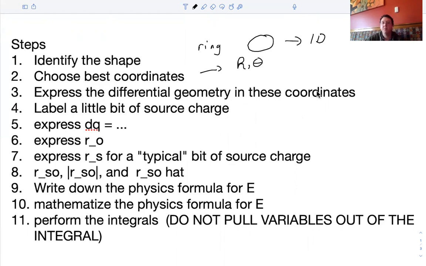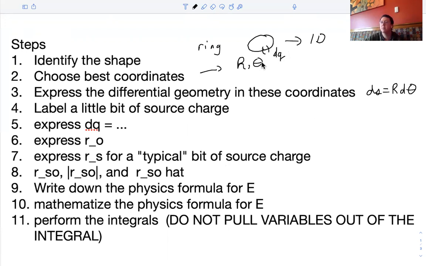Express the differential geometry in these coordinates. The appropriate differential geometry would be arc length. If I indicate a little segment there, we would say that ds is R d theta. Then label a little bit of source charge. Here's my little segment, and it has a little bit of charge, dq.